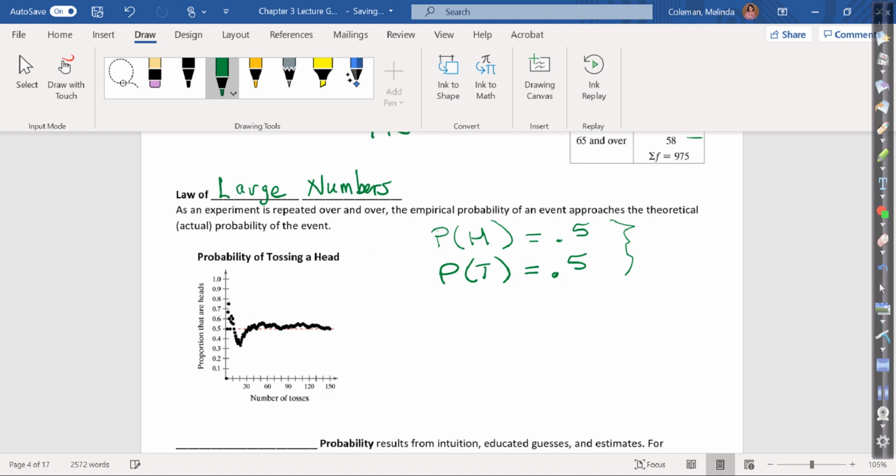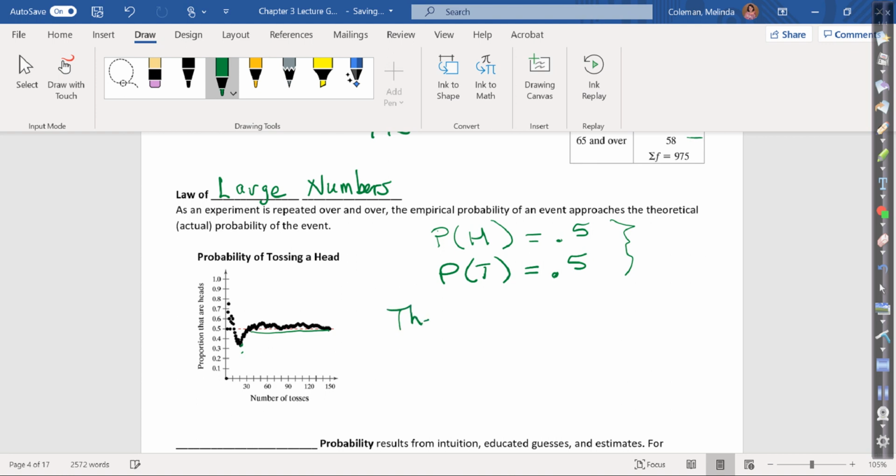And so that's what this is showing you. The number of tosses when you first start out could really change the probability. But over time, the more you do this, the more it levels out and does indeed become more like the probability. So that's the law of large numbers.